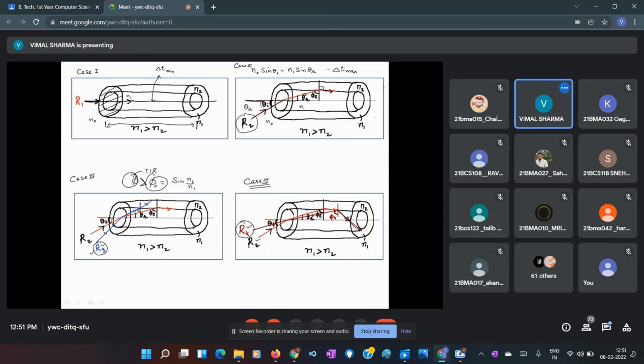Rays which are launched through the optical fiber at an angle less than this acceptance angle are accepted by the optical fiber, and rays which make an angle greater than theta A are not accepted by the optical fiber. So this angle is the acceptance angle.